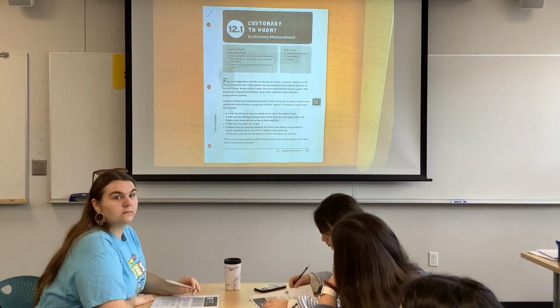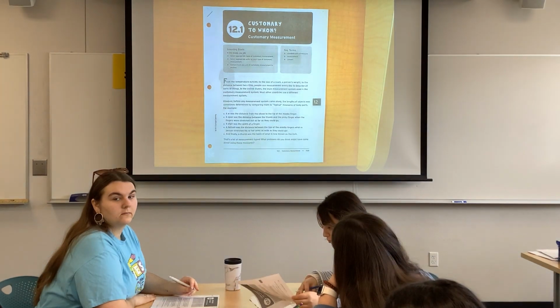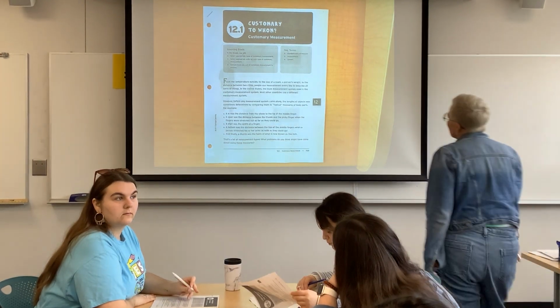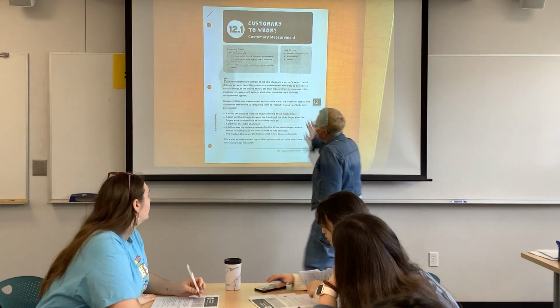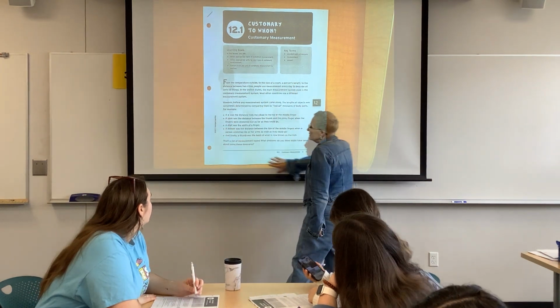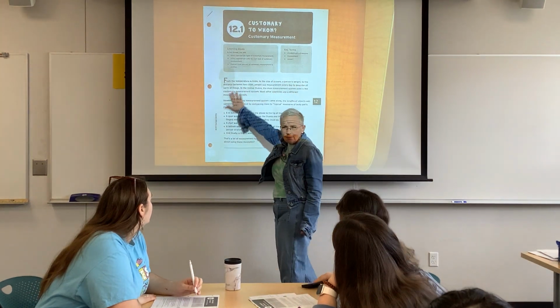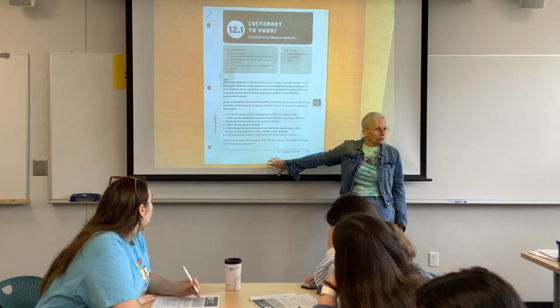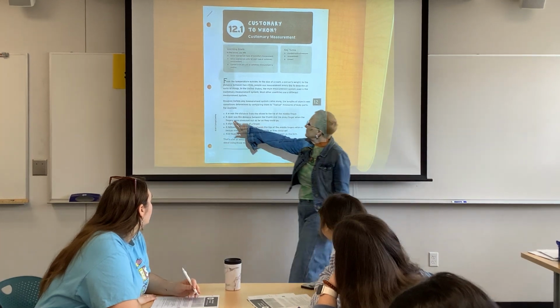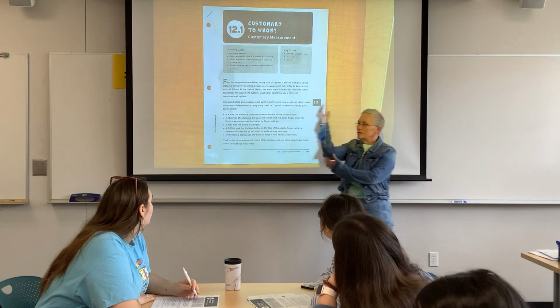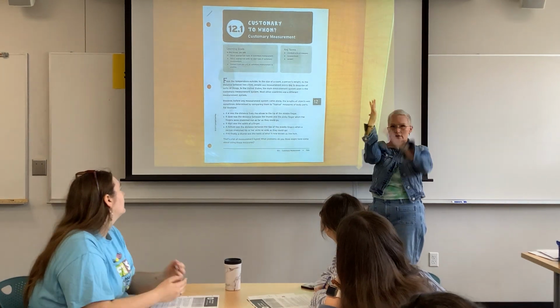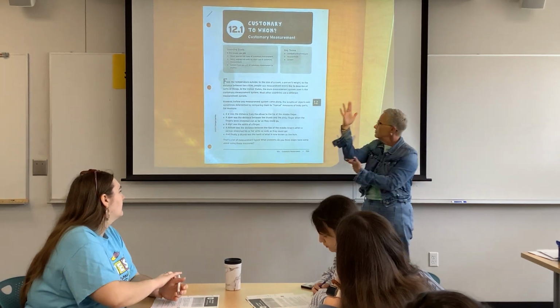Oh yeah, it's going. All right, so this is from a 6th grade workbook. And the first part of it is basically just a history lesson talking about different units of measure through history. Like a cubit was the distance between your elbow and your middle finger in ancient or medieval times.